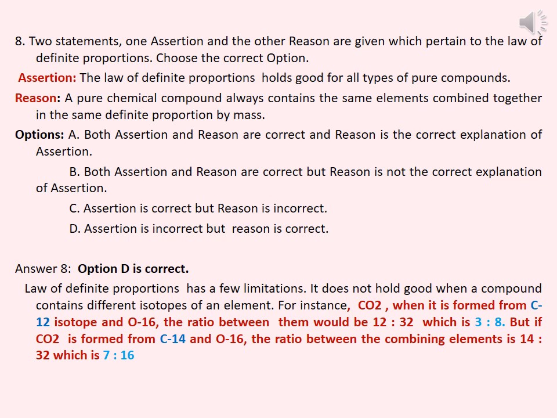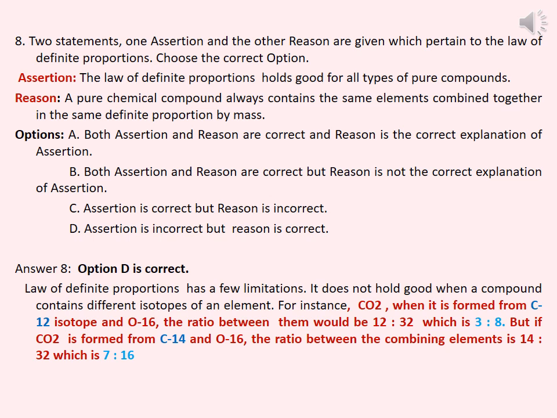Question number 8. Two statements, one assertion and the other reason, are given, which pertain to the law of definite proportions. The law of definite proportions is otherwise called the law of constant composition. From the options given, you have to choose the correct option.